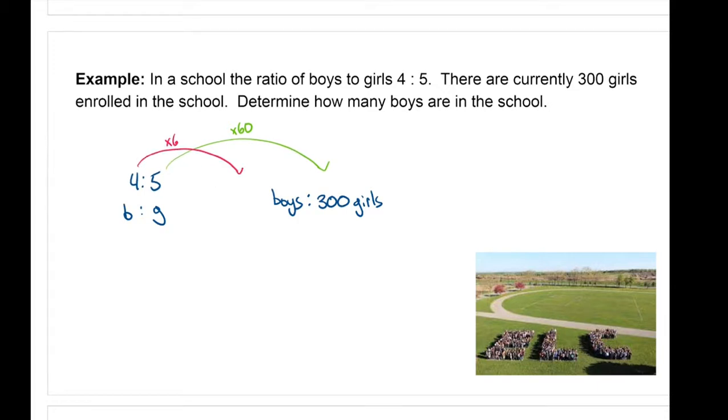I'm going to multiply it by 60. So in this case, 4 times 60, 240 boys. So it's just basically an equivalent ratio similar to equivalent fractions. We need to figure out how would I go from 5 to 300 in terms of multiplying, and I do the same thing then to the number of boys to figure out how many boys are actually in the school.